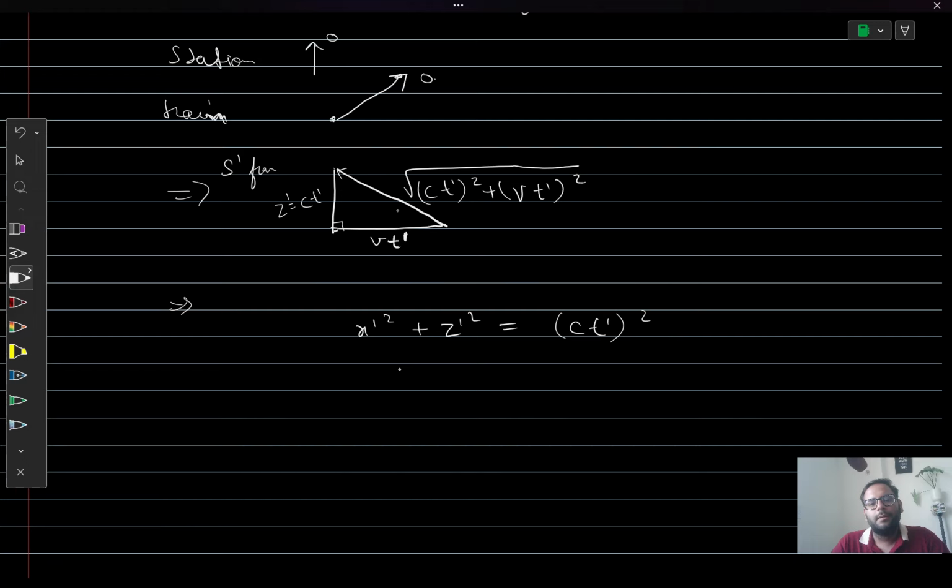I need to know my x coordinate. No, this will not be like this. I need to find my x in the S prime frame.